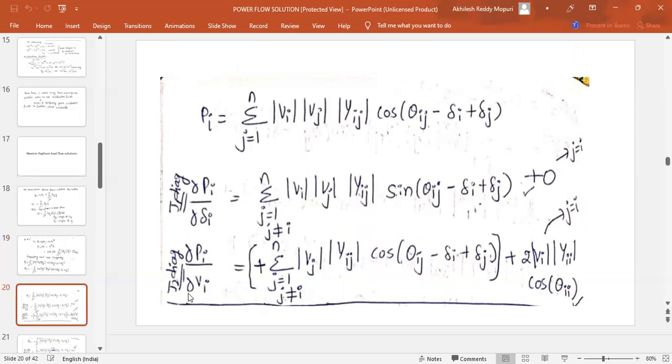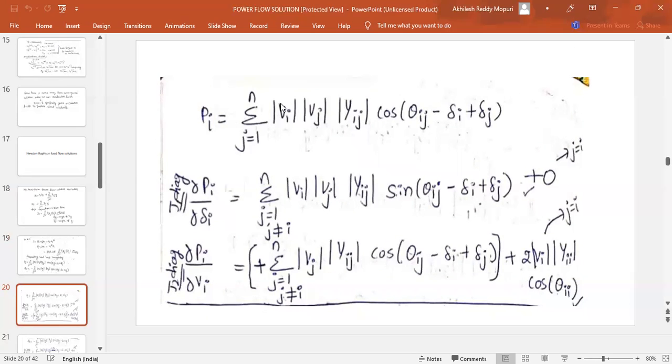Now, J2 is dou pi with respect to dou v. In this, if you see in this equation, we had Vi here. So if you differentiate this with respect to Vi, again, we need to split this summation into two parts.